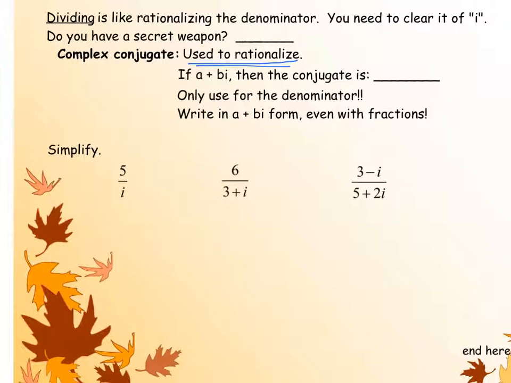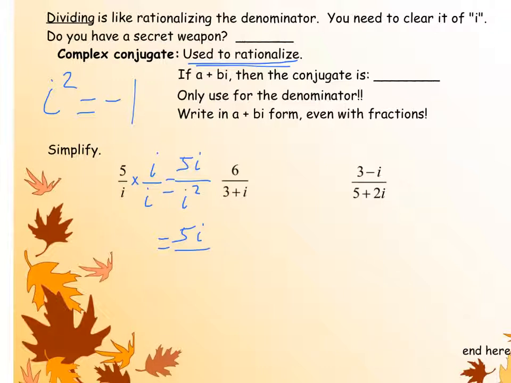All right. So if I had something like 5i, I could multiply that by i over i, and I would get 5i over i squared. I should put a reminder on here, just like I did on the first slide. Don't forget that i squared is negative 1, because at the moment it looks like my denominator got worse.